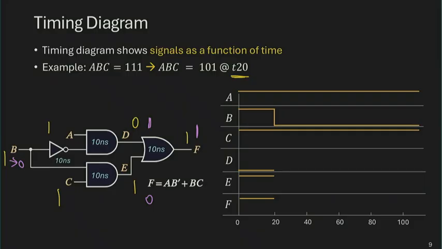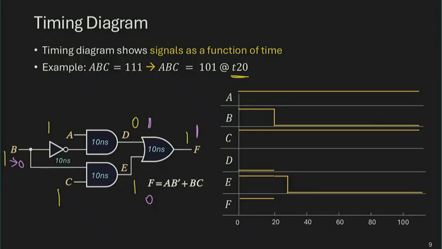Right. So let's say when B goes from 1 to 0, that's the only change at the input. So we can do the analysis based on that singular change. When that goes from 1 to 0, after 10 nanoseconds, E will also go from 1 to 0. Right? E depends on BC after 10 nanoseconds. So we're going to continue E until time 30, and then let it go to 0.